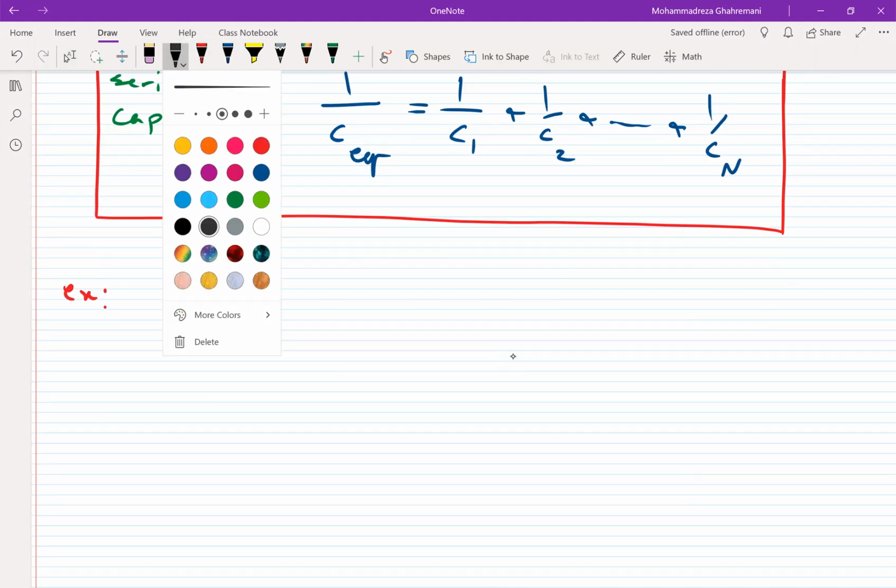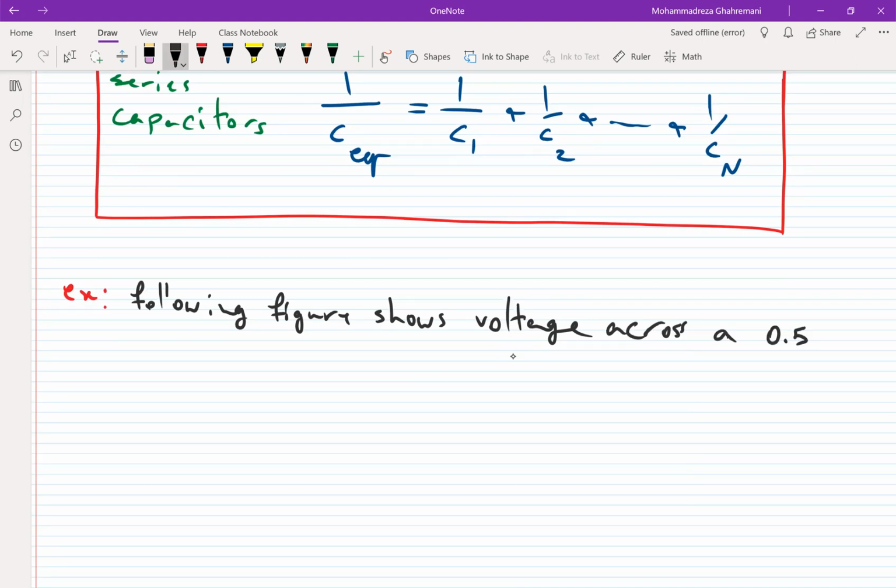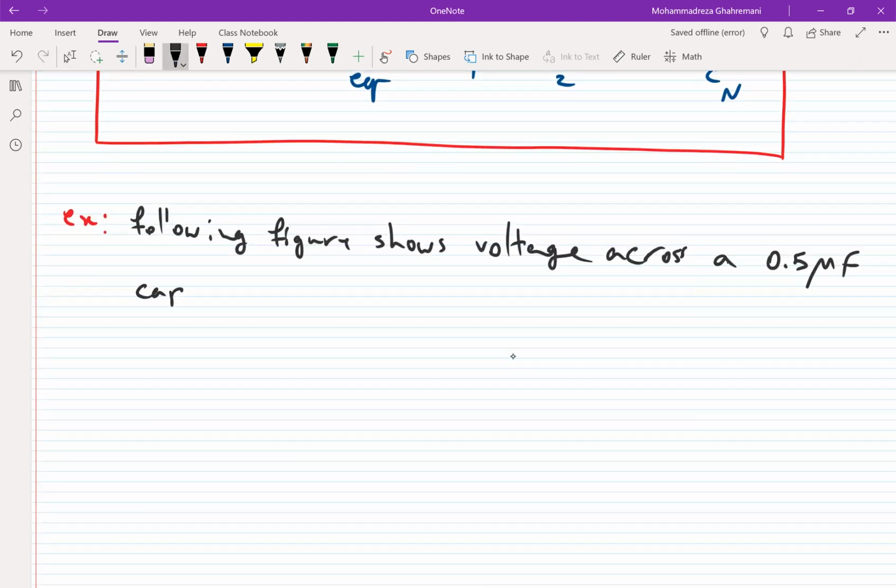It says the following figure shows the voltage across a 0.5 microfarad capacitor. Find the capacitor's power.